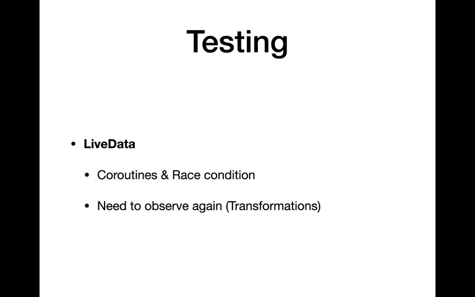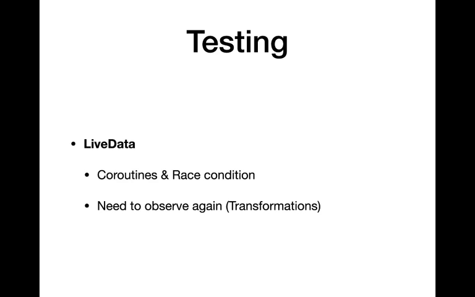You will not understand easily. So you need to be careful if you're testing LiveData with coroutines. And if you're using transformations, you're actually getting a new LiveData, and you should not forget to observe that LiveData again. So there are a couple of things that you need to remember when you're testing LiveData with coroutines.